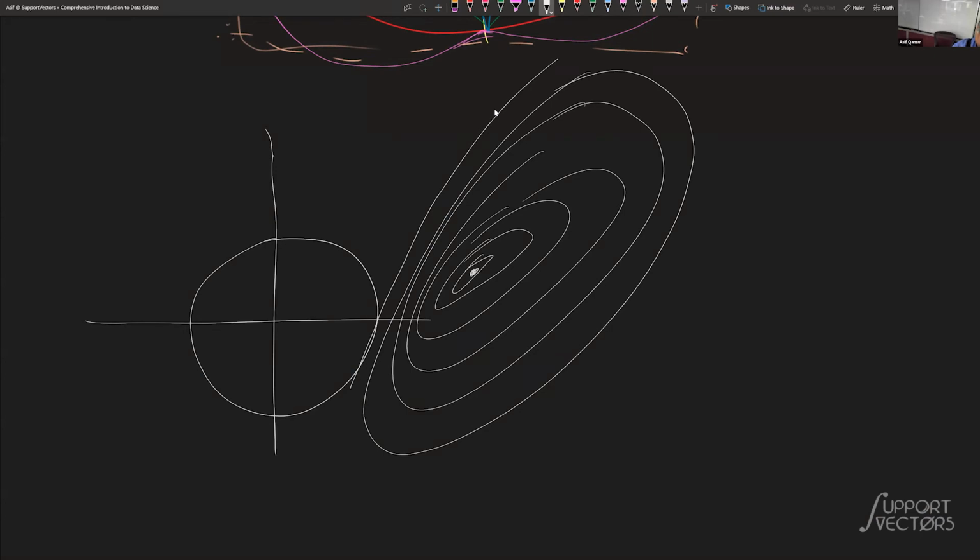I'm trying my best to cheat to make a point. So let us say that this constraint surface is, actually I should make my circles red. Let this be red.